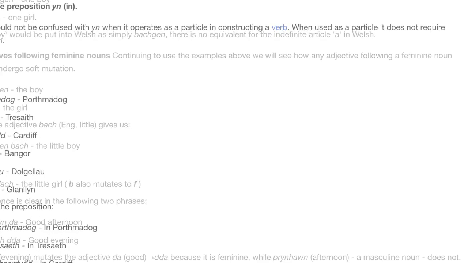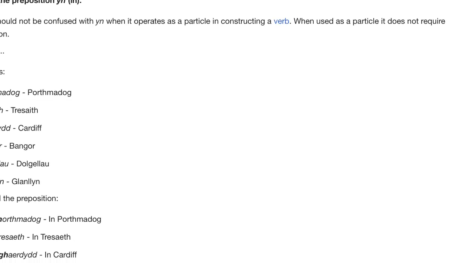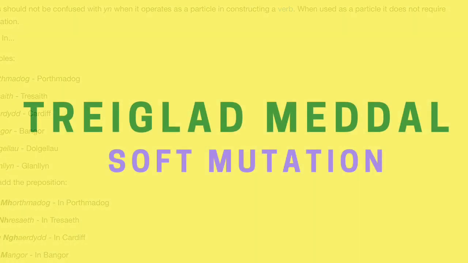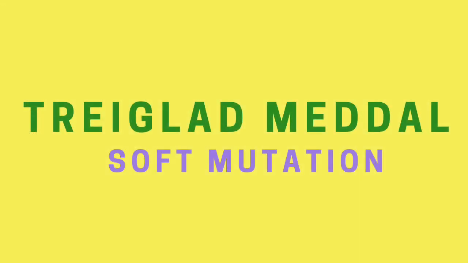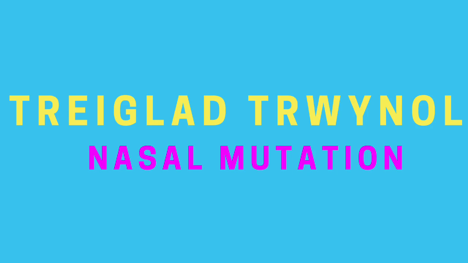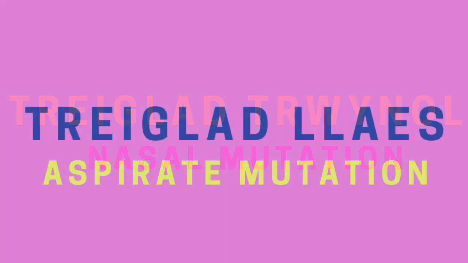To complicate matters slightly, there are 3 distinct types of mutations. Treiglad meddal, soft mutation in English, treiglad trwynol, nasal mutation, and treiglad llais, aspirate mutation in English.